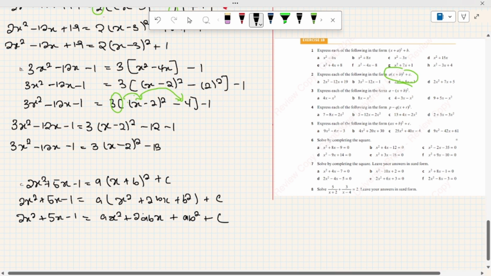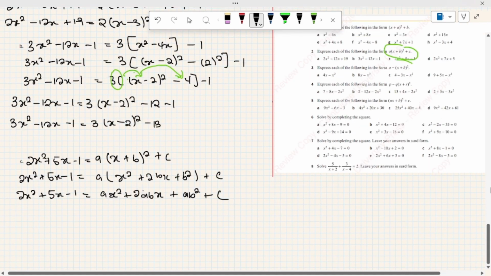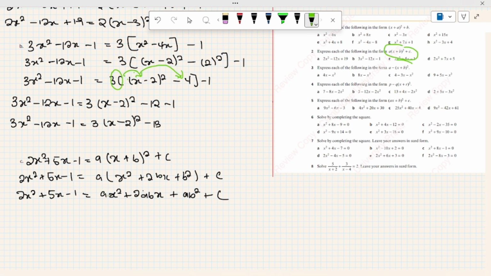Right. So now let's solve the question. So now if you look carefully, basically what you do is look at the coefficient of x squared.